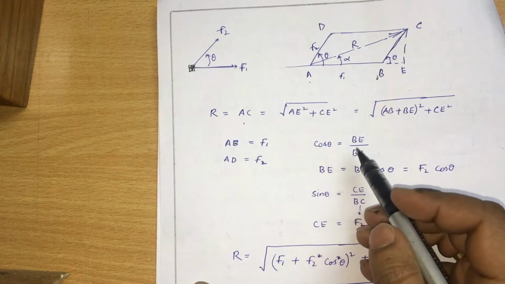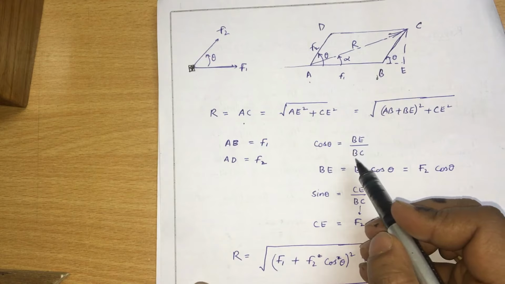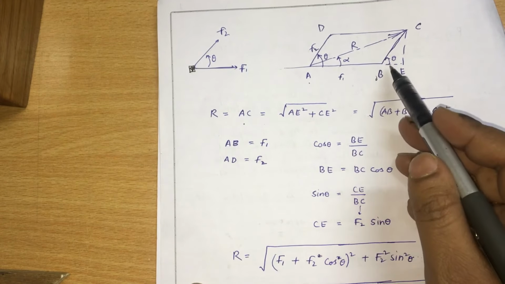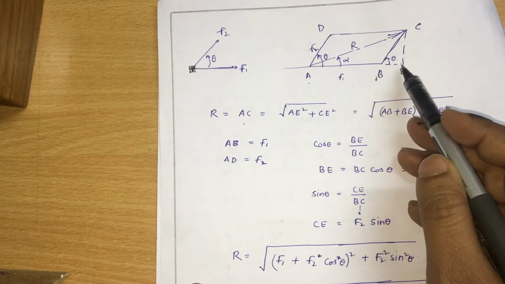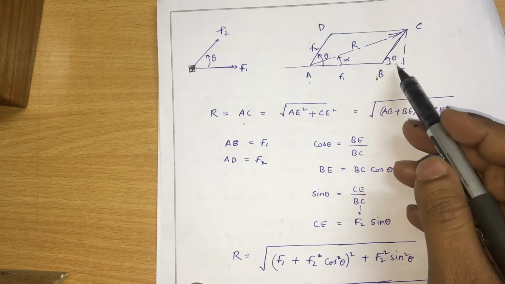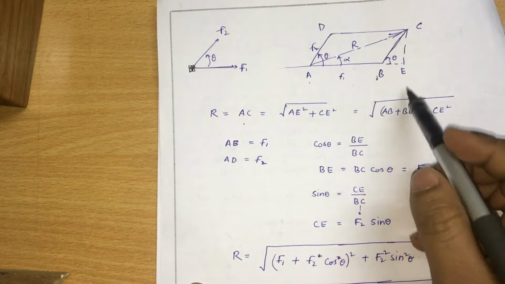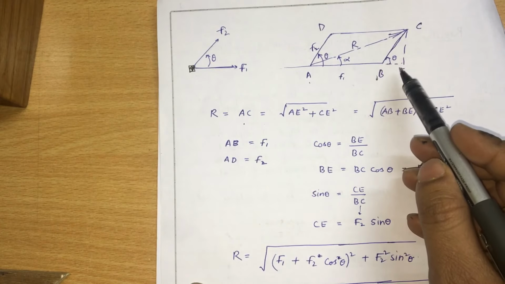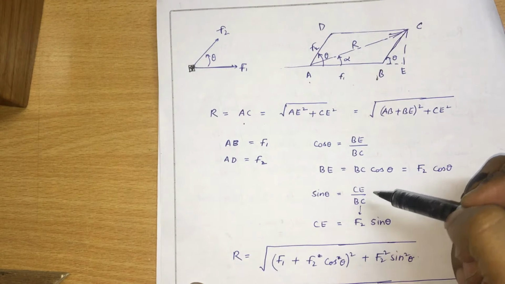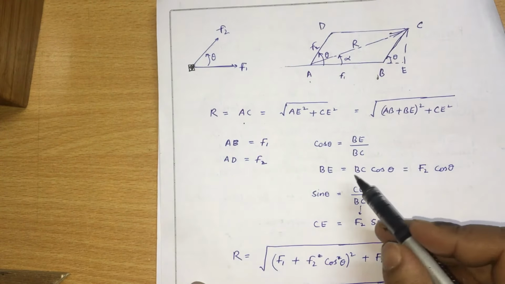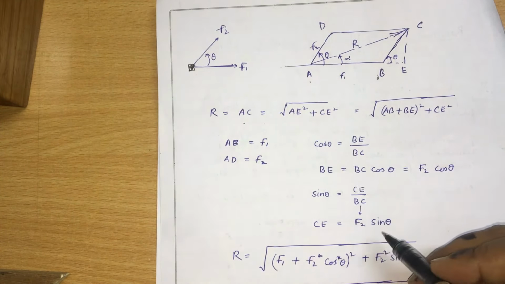Cos theta is equal to BE over BC, base over hypotenuse, and sin theta is equal to perpendicular over hypotenuse, so this is the perpendicular CE over BC. So from here we can write BE is equal to F2 cos theta and CE is equal to F2 sin theta.